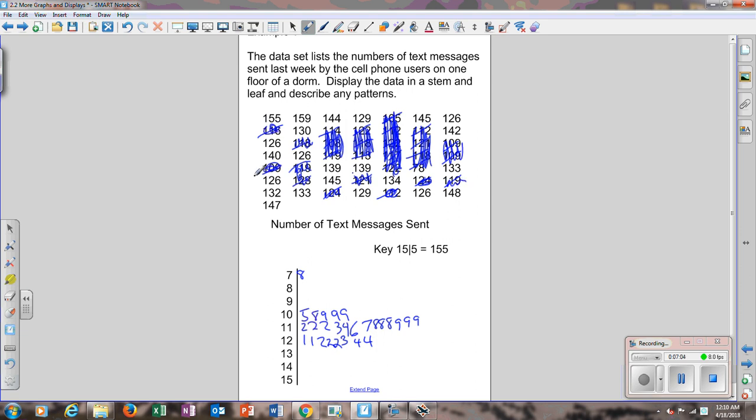Okay, let's check the 126s. 1, 2, 3, 4, 5. 127s. Don't see any of those. 128s. Don't see any of those. 129s. There's one, two.